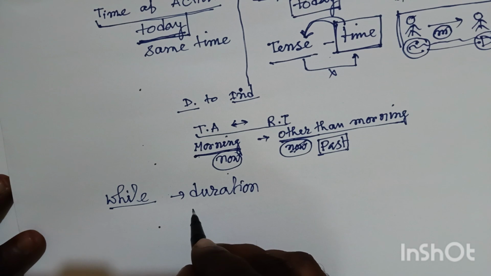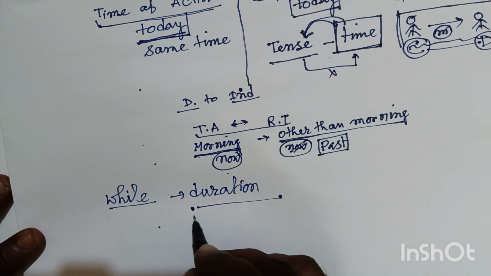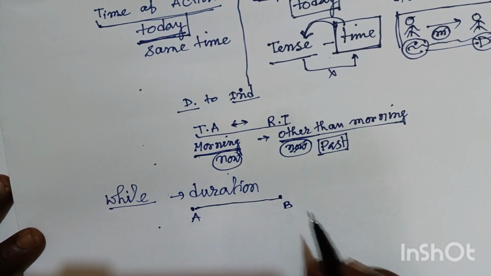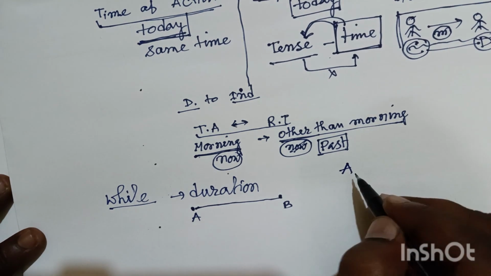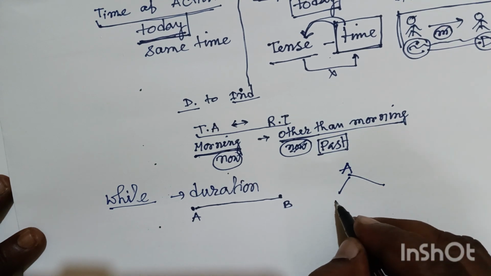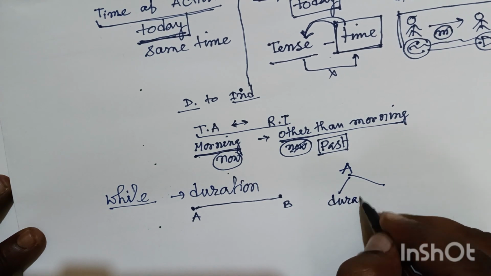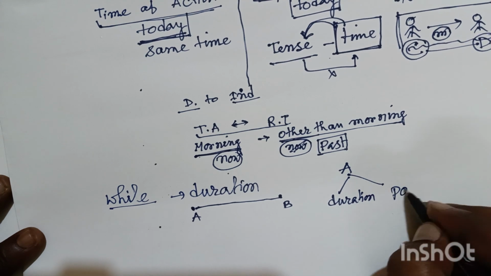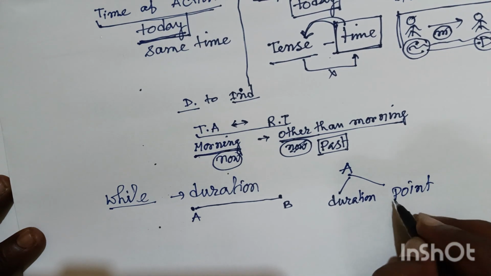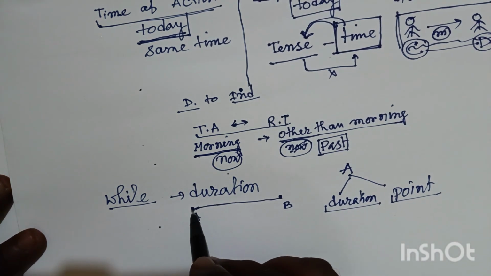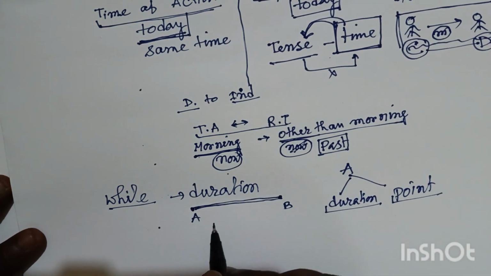Duration means a time from a point to another point, from A to B. Actually any action takes place in two different times. One is duration, another one is point. So for denoting duration, we use while.